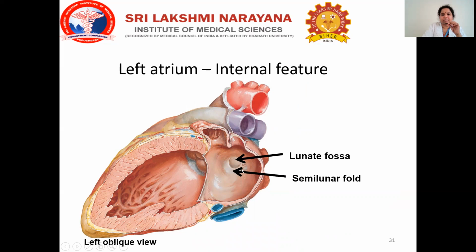In the smooth portion of the interatrial septum, a moon-like fossa is seen, called the fossa ovalis, which is guarded by a semilunar fold. The left atrium also presents a rough portion. The internal feature of the left auricle is the same as that of the right auricle. It consists of trabeculae carneae.